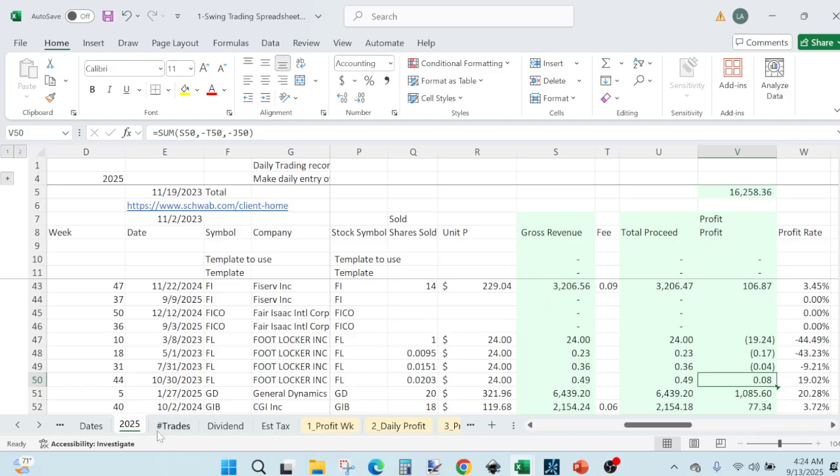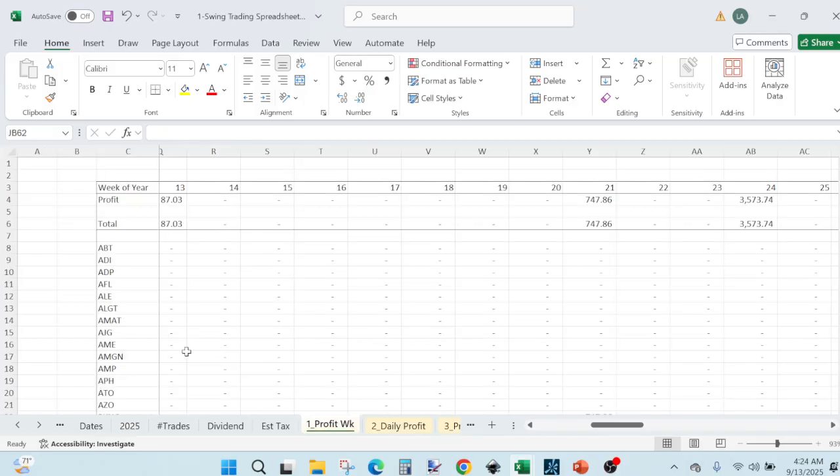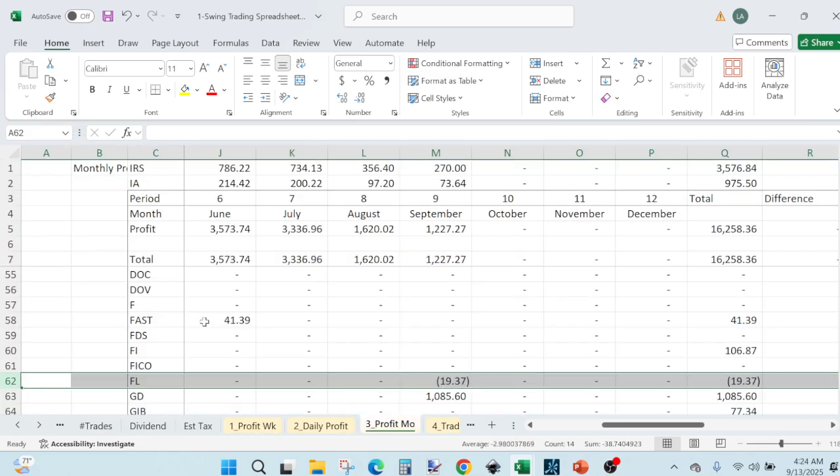Your manual entry will only happen on one tab, or your daily purchases and sales you will enter on one sheet, on one tab, and then you can just pull information from that tab to analyze and see how to measure the performance of your strategy and the stocks you are swing trading.